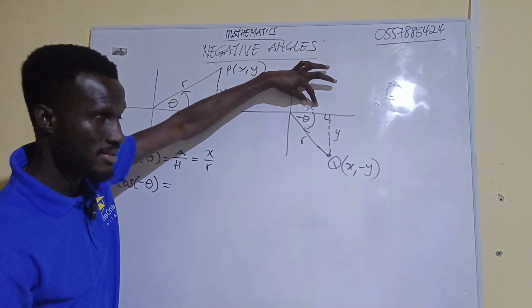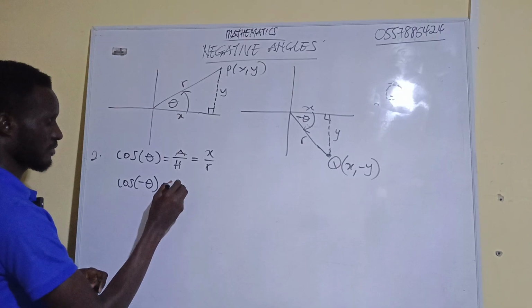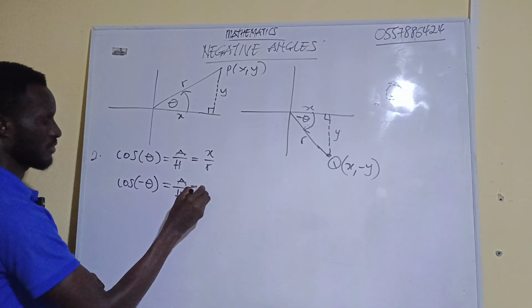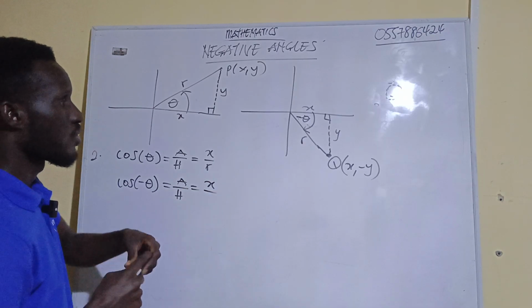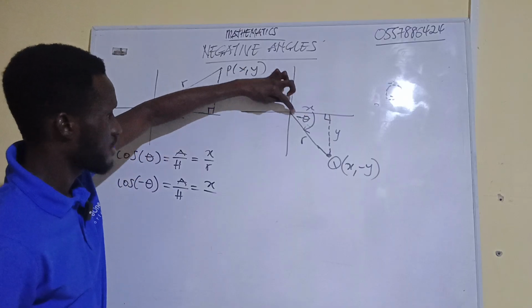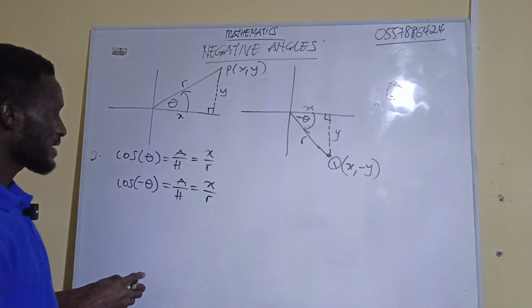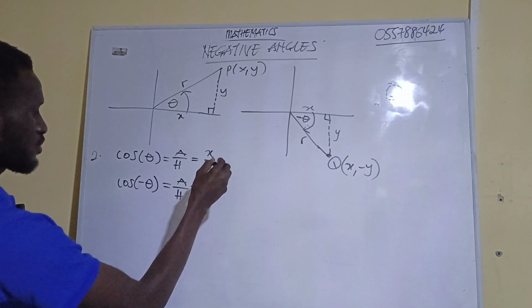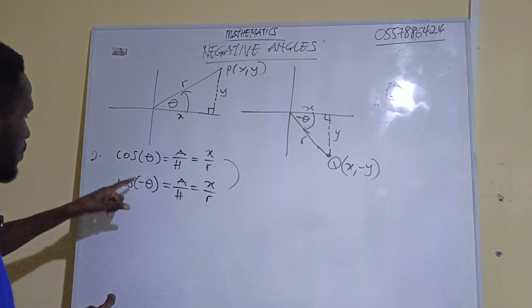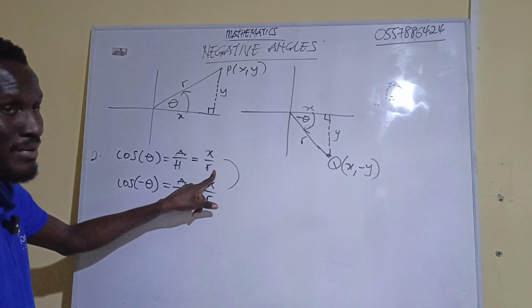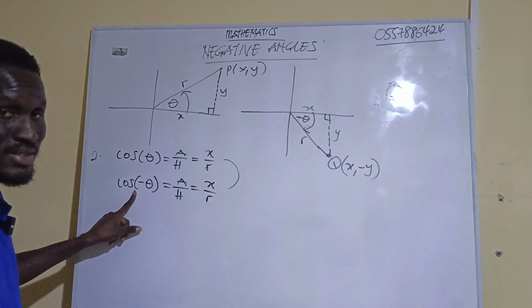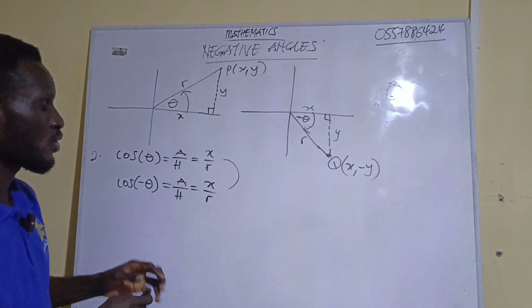Adjacent here is x. What is the hypotenuse? The hypotenuse is r. Now can you see that when you compare these two, cos theta is x over r, and cos negative theta is also x over r.